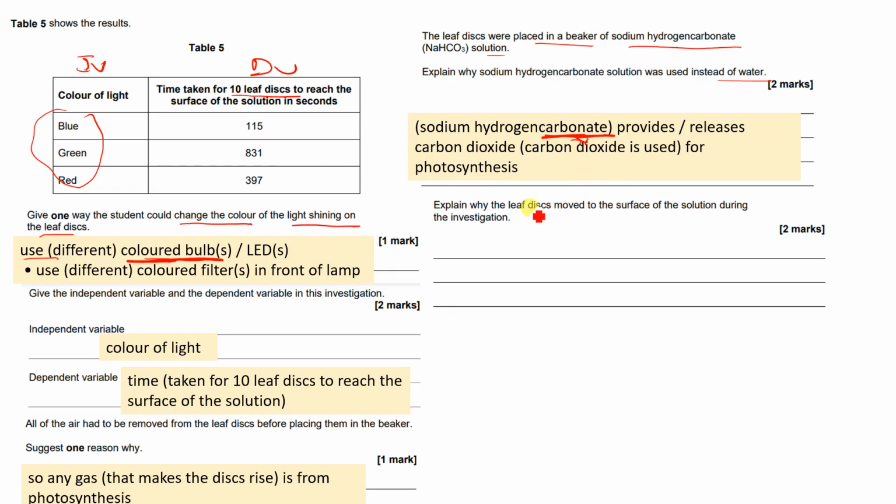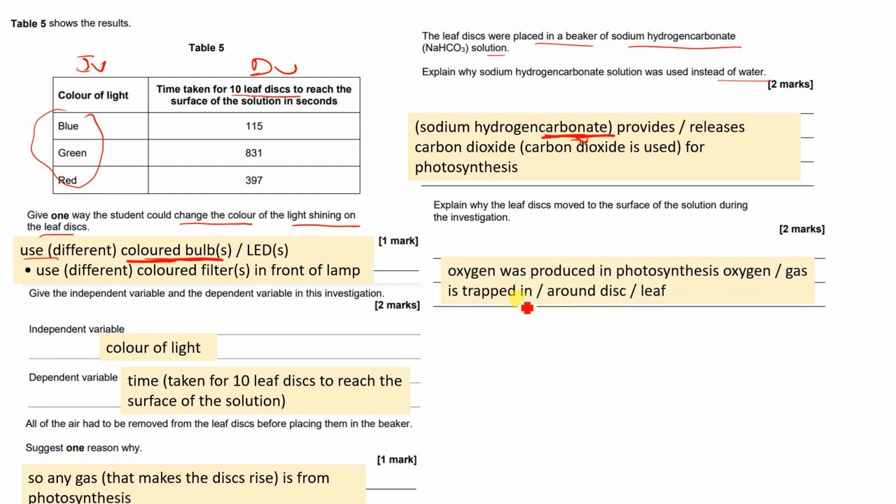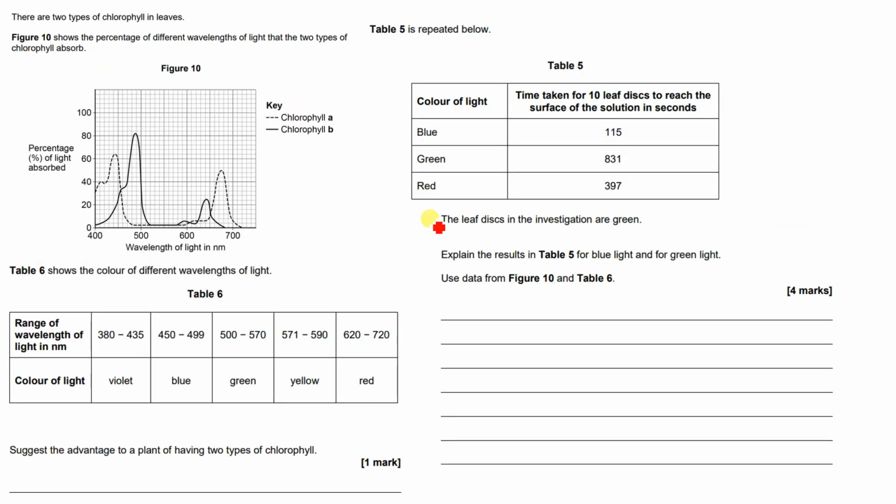Now explain why the leaf discs moved to the surface of the solution during the investigation. It helped to show you that oxygen is being produced, or a gas is being trapped in during photosynthesis. So oxygen was produced in photosynthesis. That's why the discs moved to the surface.